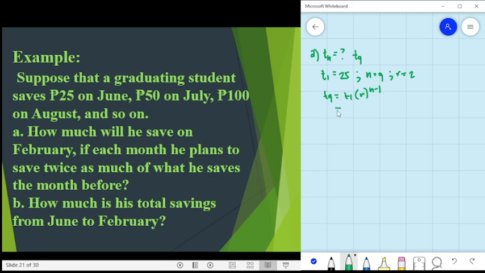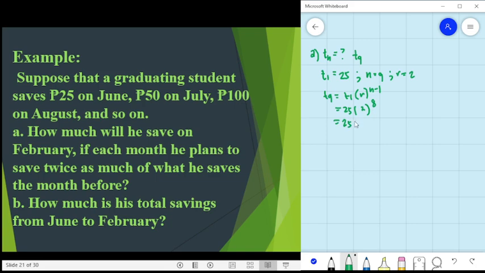Okay, so the t sub 1 is 25 times your r is 2, then to the 8th power, kay 9 minus 1. So that is why we have 2 to the power of 8, that is multiplying 2 8 times. So 2 times 2 times 2 times 2 times 2 times 2 times 2 times 2, and that would be equal to 256.